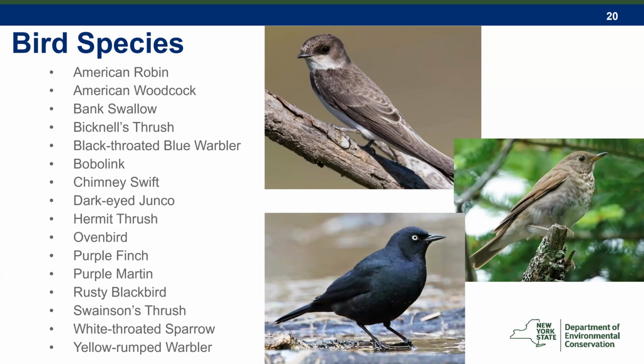I just pulled out a couple of conservation highlights. We did get the Bicknell's thrush, our mascot for today, so I'm very, very happy we could have that on the list. That wasn't planned. We also got a bank swallow and a rusty blackbird, and a purple martin too. It's on there.